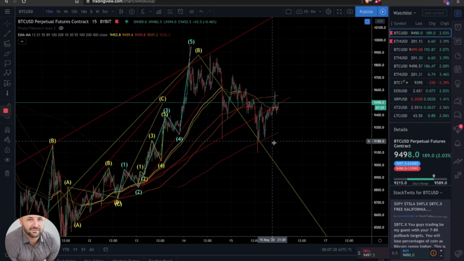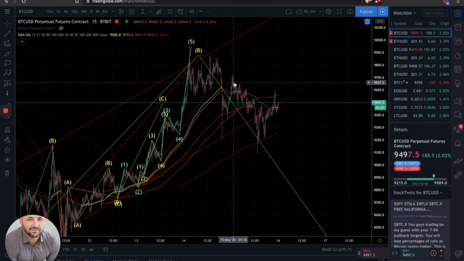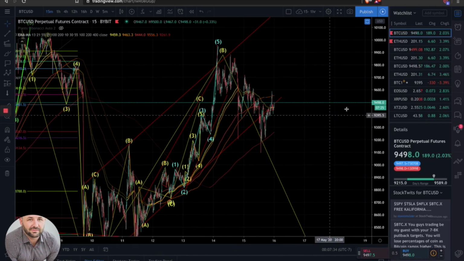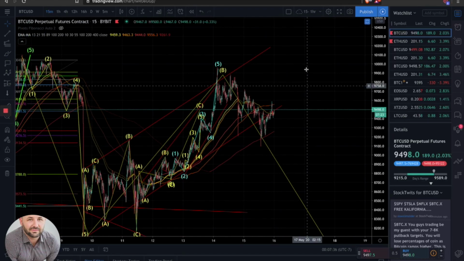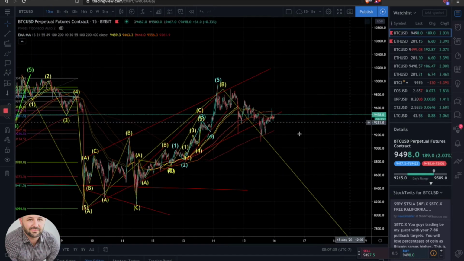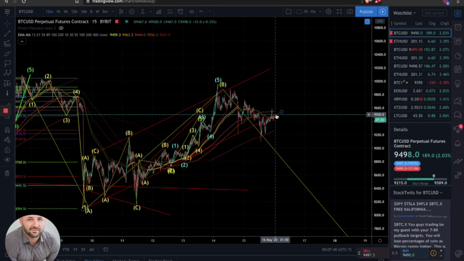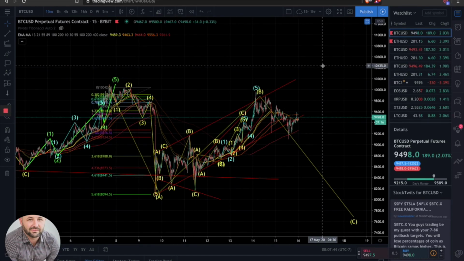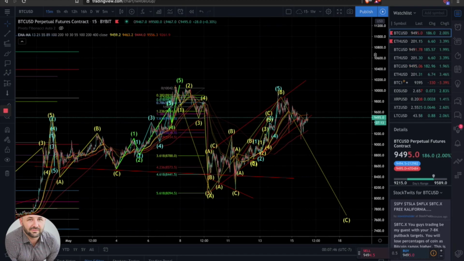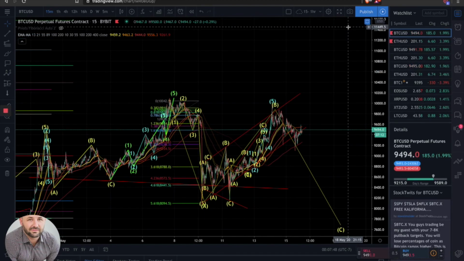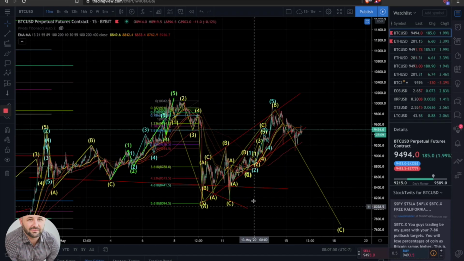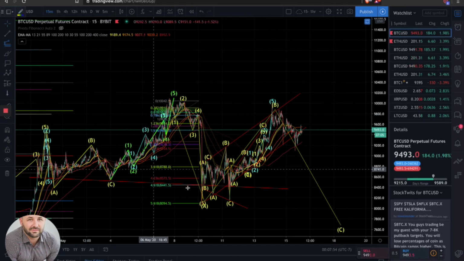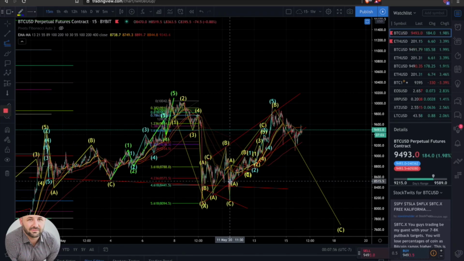But if this is the 3-wave structure back down to complete a 5-wave move up, if you watch the ETH, it is a lot cleaner to try and get another 5-wave move up out of this than what Bitcoin is. But ultimately, again, I think it was 11,400 is where we would want to get up to. And if this is a 5-wave move, we would have to start it about right there.